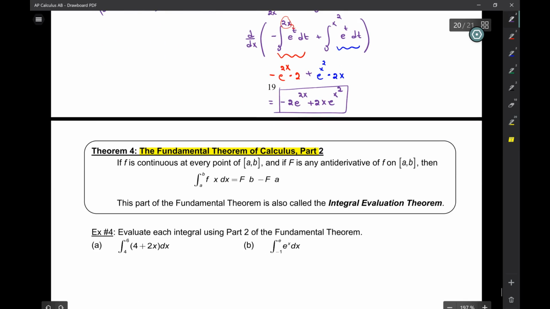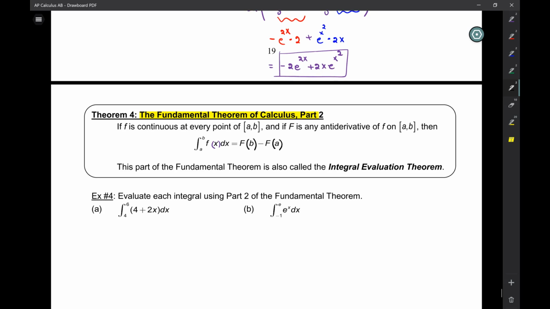That's the second part of the fundamental theorem of calculus. If we're integrating from A to B, f of x dx, then that's just f of B minus f of A. This is called the integral evaluation theorem.